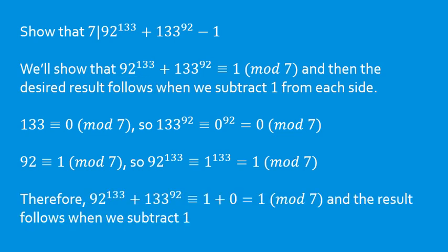Therefore, adding these results, 92 to the 133 plus 133 to the 92 is congruent to 1 plus 0, or 1 mod 7, and then the desired result follows when we subtract 1 from both sides.